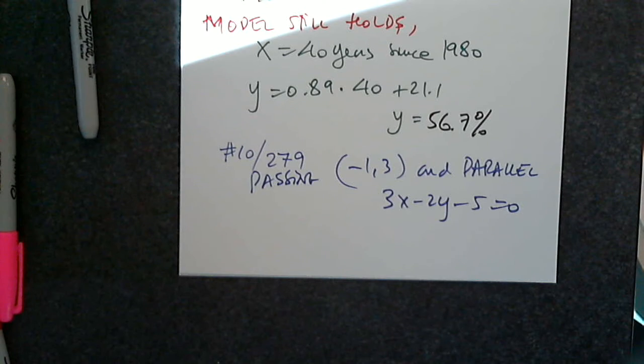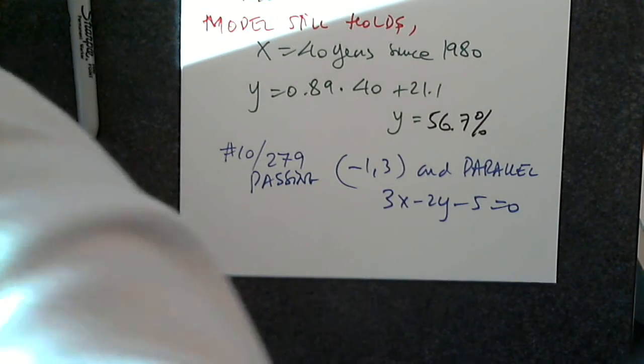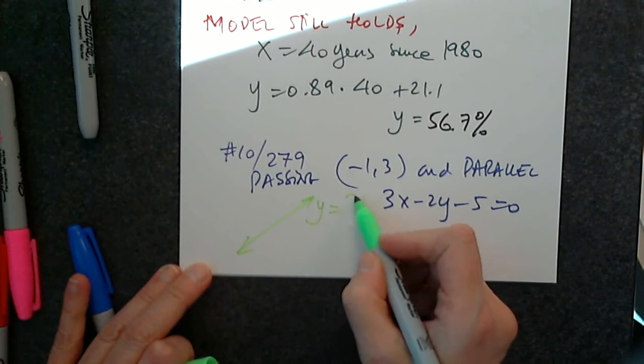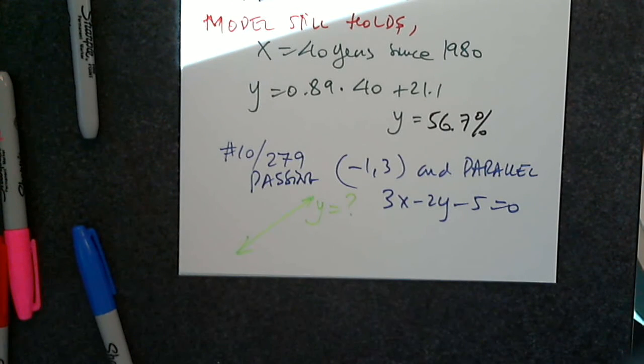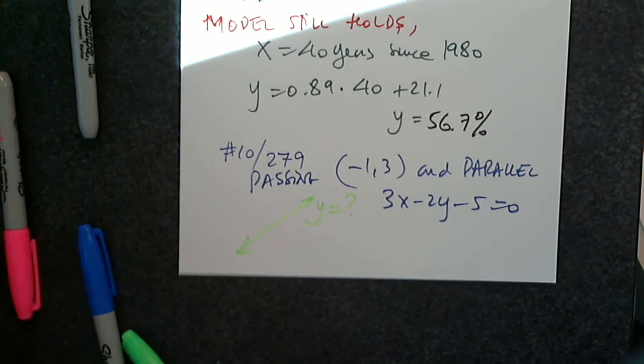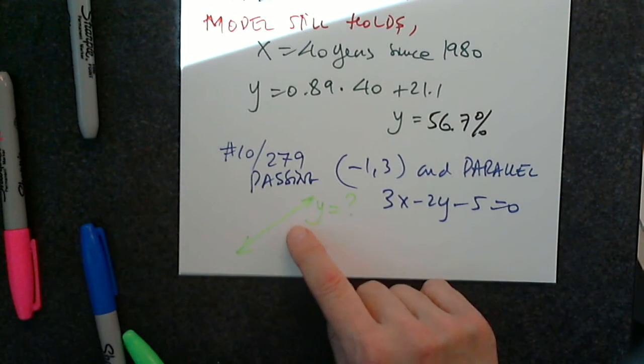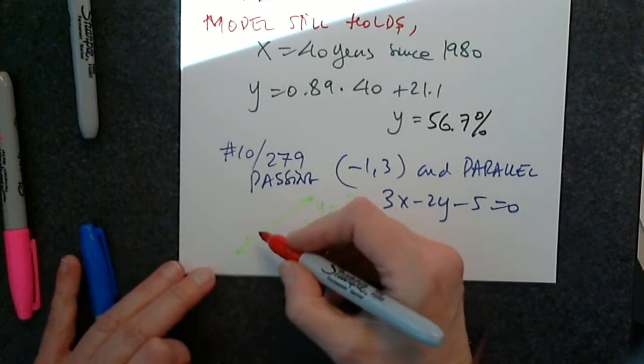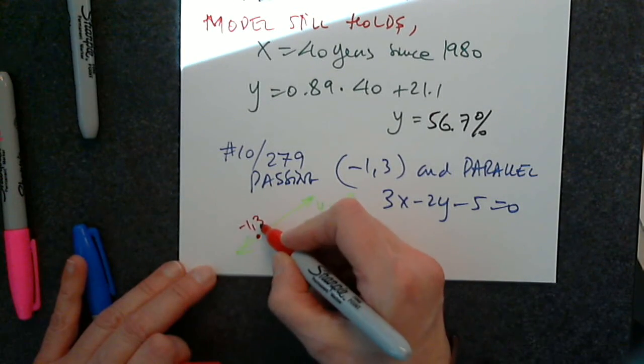So let's talk about this. I'm not graphing anything exact, I'm just giving you the idea. So there is a line whose equation I would like to determine. And I do know two things about it. I know that this line is passing through this point. Somewhere along the line, I have the point -1, 3.